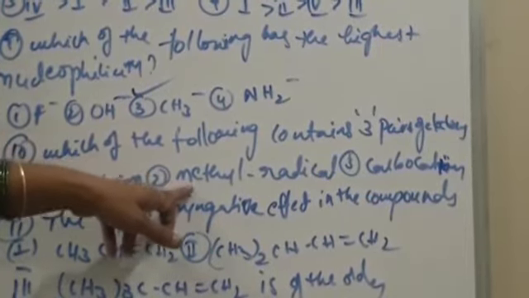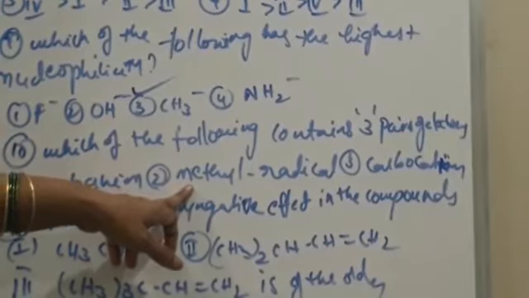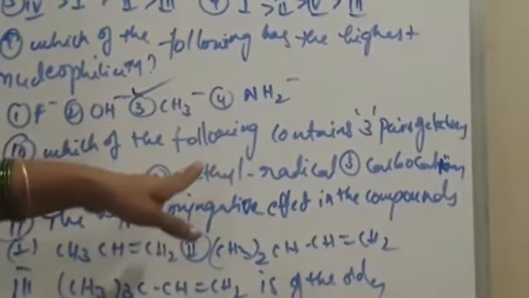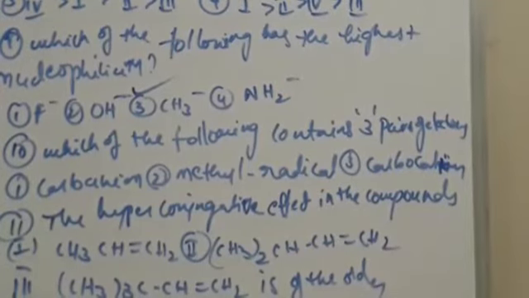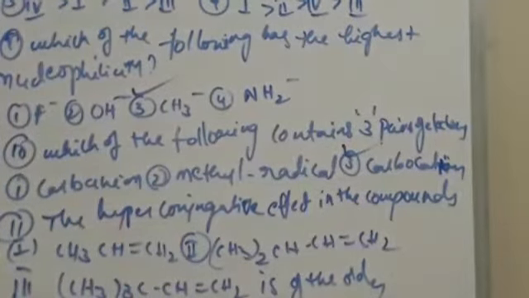Methyl radical contains 6 electrons, so 3 pairs of electrons and also a single electron, totally 7 electrons. Whereas carbocation contains 3 pairs of electrons, and positive charge on the carbon. So 3 pairs of electrons are present in carbocation.